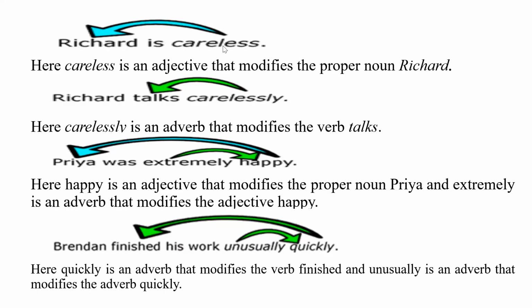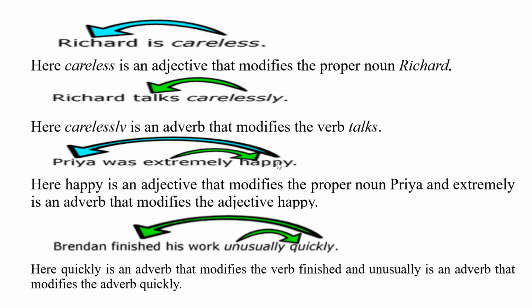So careless, an adjective, modifies a noun. Carelessly is an adverb that modifies the verb talks. Let's see explanation. Carelessly is an adverb that modifies the verb talks. Now let's have a look at the third example. Priya was extremely happy.